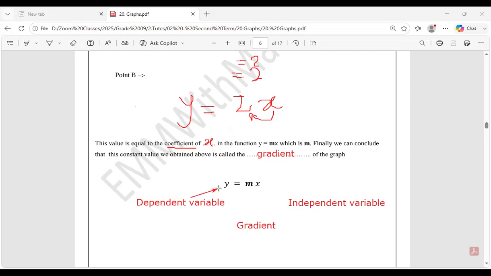Then please name it. Make a heading, fill in the blanks like this: dependent variable, gradient and independent variable.